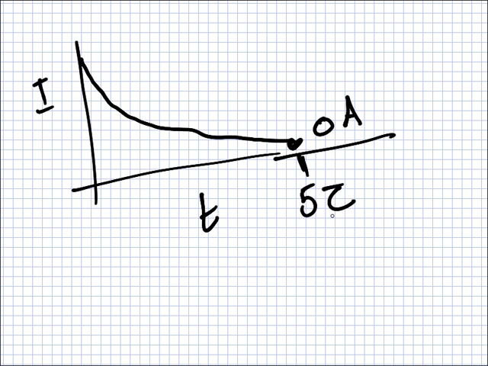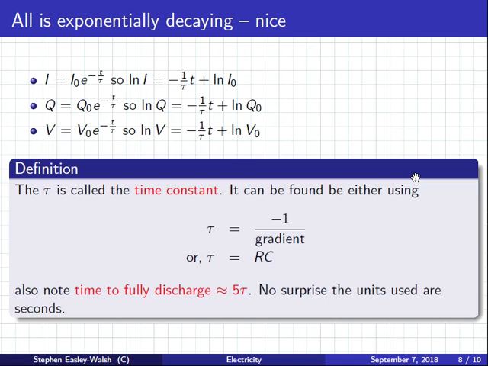Because you know in maths class, does this graph ever reach the x-axis? Not technically, no. But in physics we say it nearly reaches it at 5 time constants.